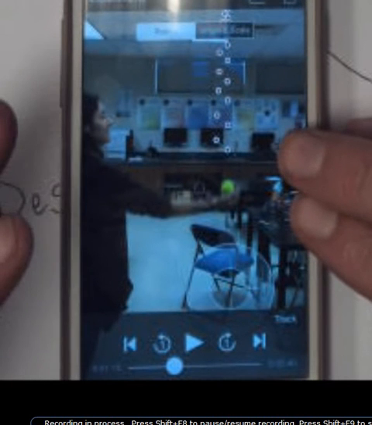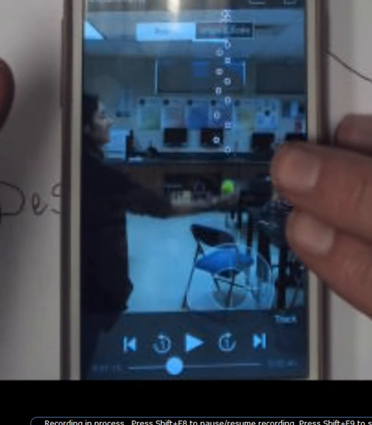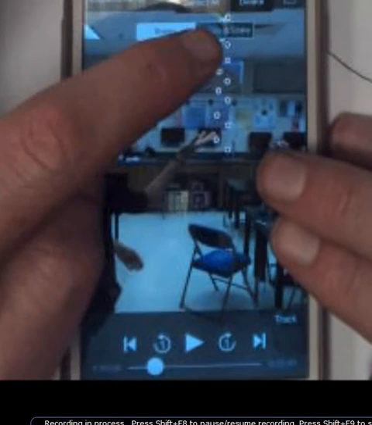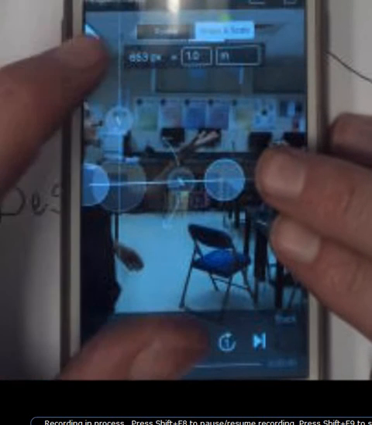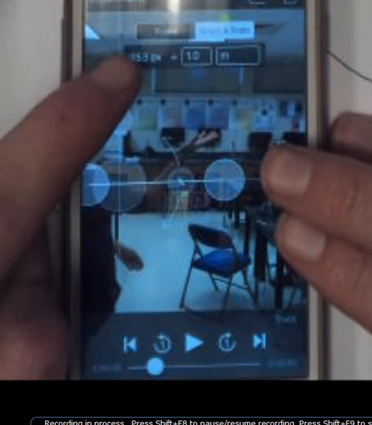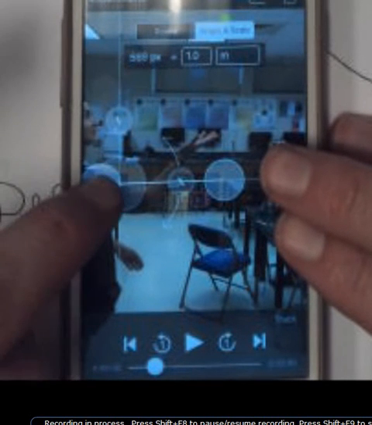You can use it when you're analyzing problems and situations. So what we're going to do is set our scale. We're going to say that that's the x direction and the y direction, and we're going to set it so that about 604 pixels will equal 1 meter.